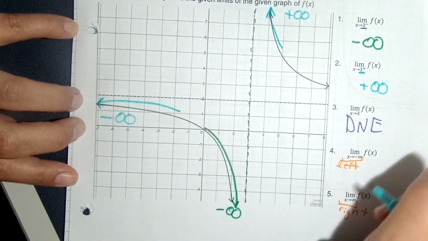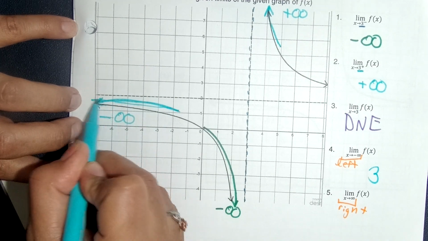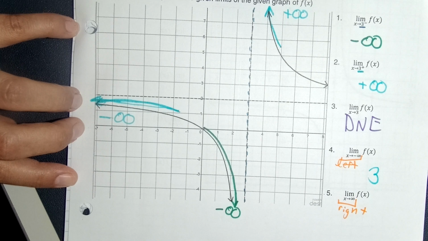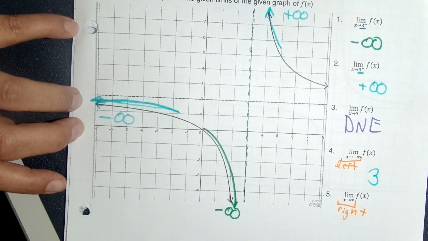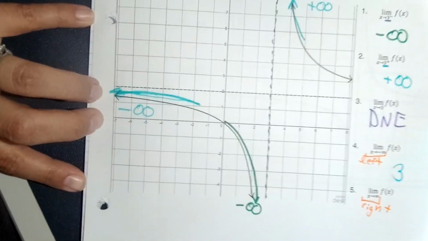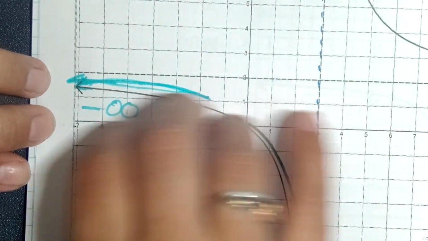3, very good. This function will eventually approach 3. Do we see that? I see some confused faces. Do you need me to zoom in? Do you need me to explain it again? Yeah? Okay. So, these are my x values, right? We know this is the x-axis.